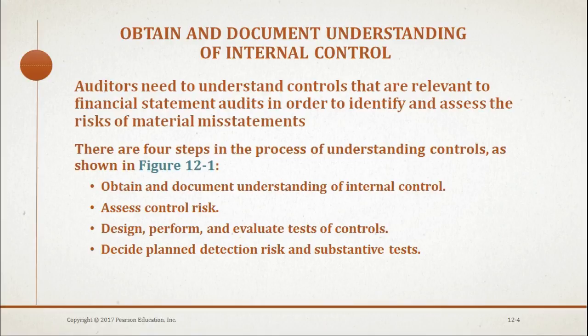There are 4 steps in the process of understanding internal controls. These steps are obtaining and documenting understanding of internal control, assessing control risks, designing, performing, and evaluating tests of controls, and lastly, deciding planned detection risks and substantive tests.